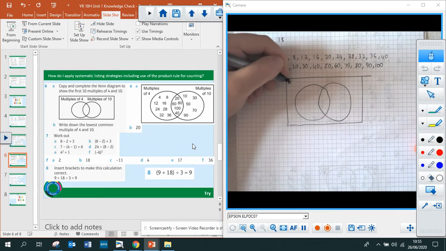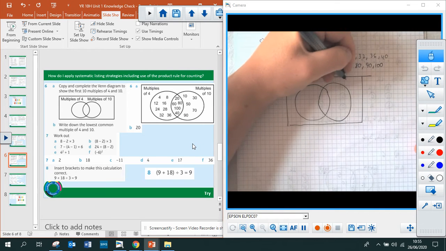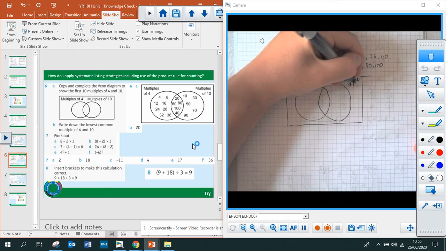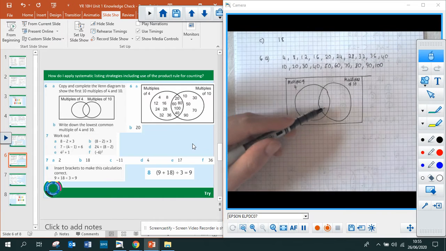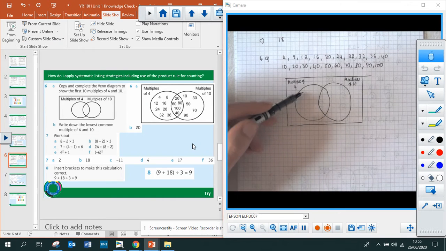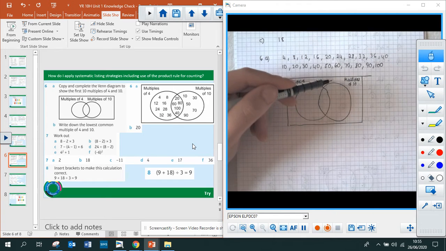Then you've got multiples of 4 and multiples of 10. It wants the first 10 of each. Remember, in the middle is the ones that are multiples of both. This one is the ones that are only multiples of 4, and this one is the ones that are only multiples of 10.